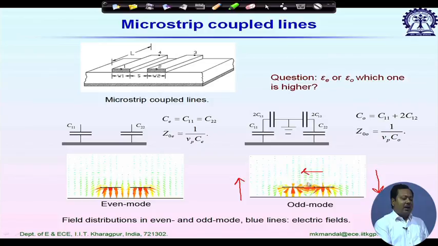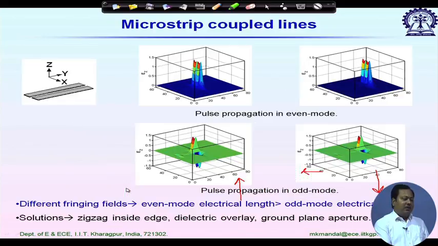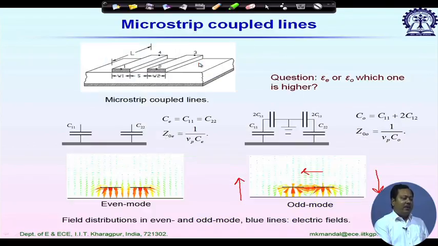One more observation: since no electric field goes from left to right in the even mode, and there is still a coupling effect, because if I look at this plot the outer tips are higher compared to the inner tips, this coupling might be through the magnetic field. So, for even mode we call it magnetic coupling.